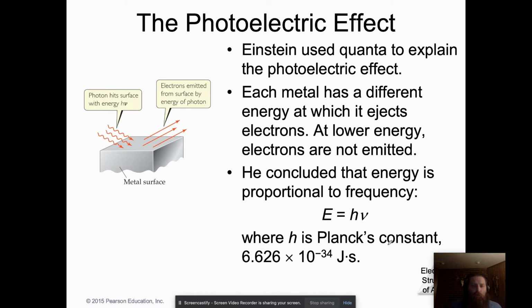So when you shine a light on a metal surface, if it's a fairly clean metal surface, and you set up a detector that detects electrons, you'll notice that as you shine light on that metal surface, it's just emitting electrons left and right. So the light is causing electrons to be emitted from the surface of the metal. Now, people couldn't explain that with classical physics, because if you think about a wave of energy, which is what we thought light was, just washing over the surface of the metal, there's no reason for that to kick off any kind of electrons.